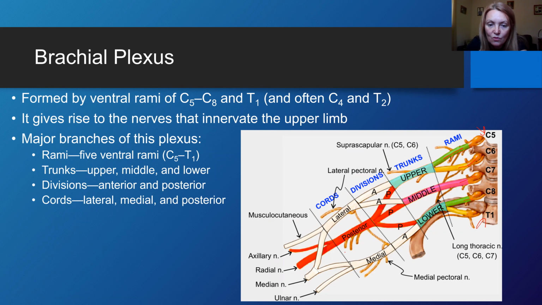And from cords, we have our peripheral nerves: musculocutaneous, axillary, radial, median, and ulnar. These go down to your upper limb and innervate your arm, forearm, and hand. So that's the brachial plexus.